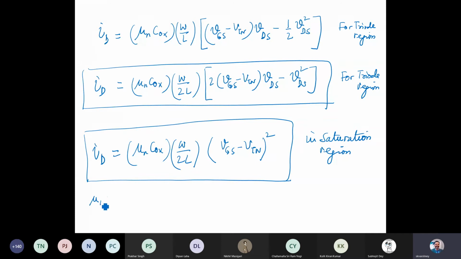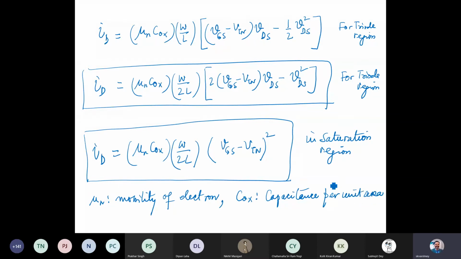So the parameter mu n here is the mobility of electrons, right? And Cox, since your device has an oxide layer, is basically the capacitance per unit area. What I mean is you have the oxide layer, and the metal here.